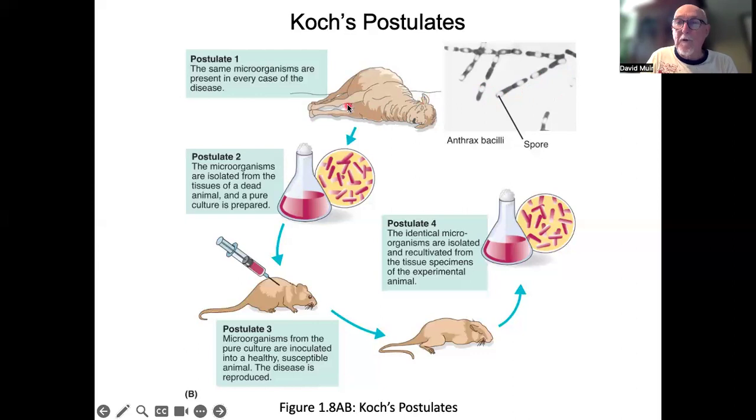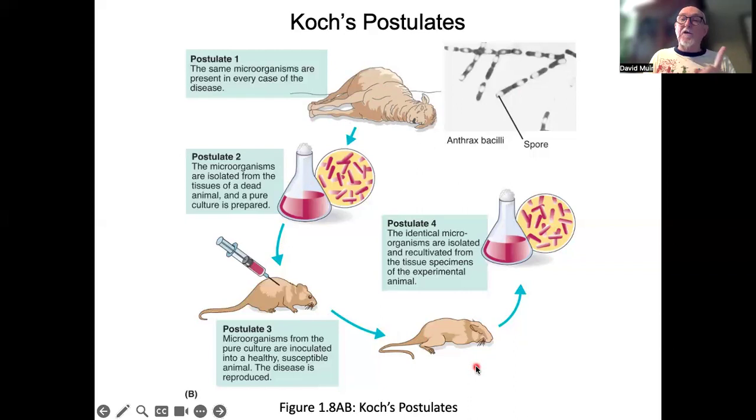He extracts them from a dead animal, cultivates them in pure culture, infects an experimental animal, and from that experimental animal extracts the identical bacteria again that he found here originally. He's demonstrated that these particular bacteria cause particular symptoms, and that those bacteria, if you inject them into other animals, will cause the same symptoms. And you can then extract the same bacteria from that experimental animal.